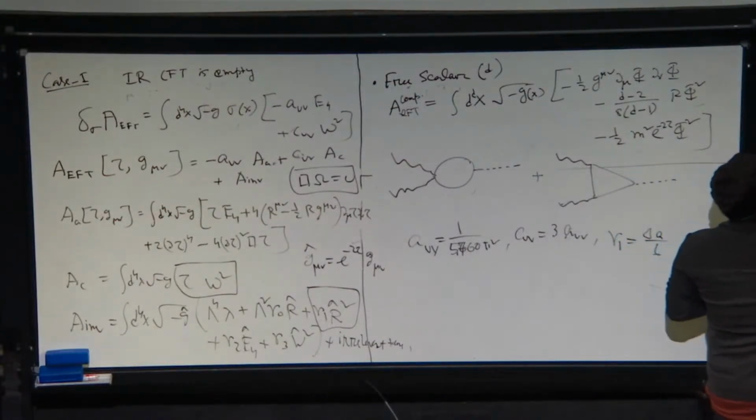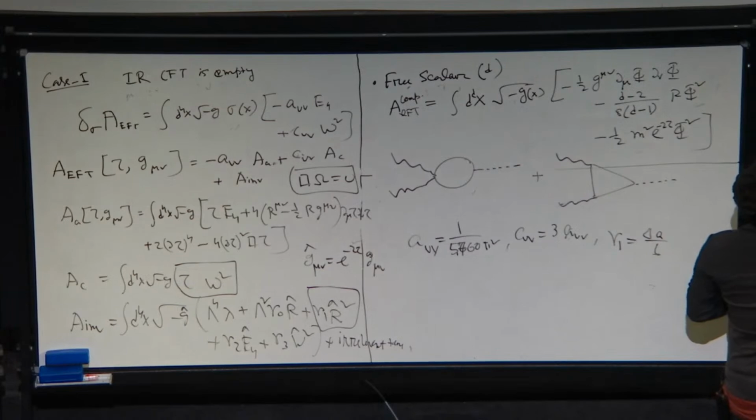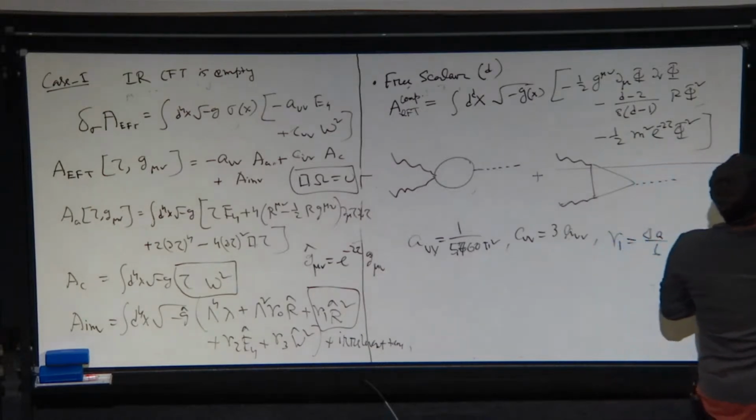And the free fermion is also something we can do in dimensional regularization because the action is Weyl invariant in any dimension. And here, let me write directly the action, the compensated action.